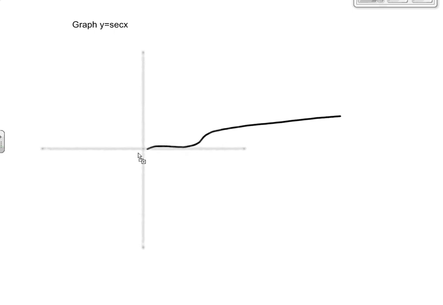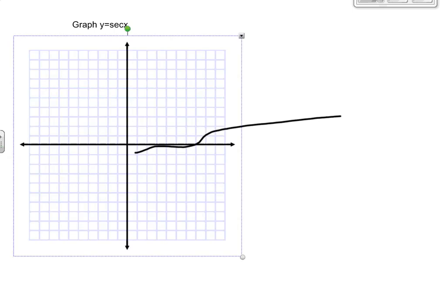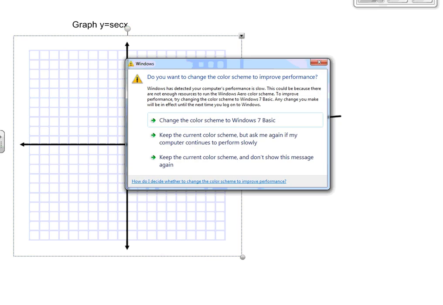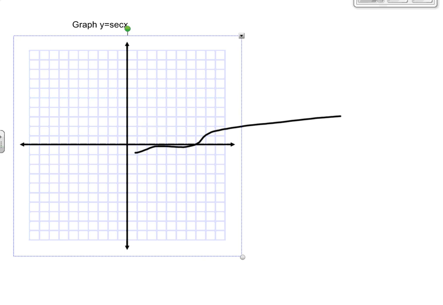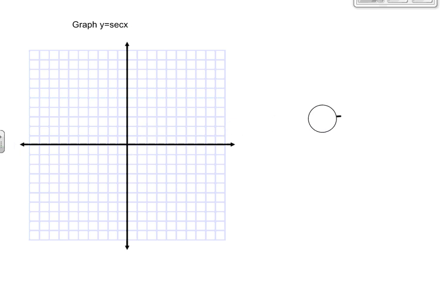I thought starting with a graph of just looking at secant, if you remember before break, we did a graph of cosecant. So when you're graphing these inverse functions, my hint to you would be always graph the original sine function first, or cosine function.